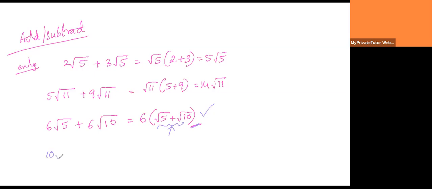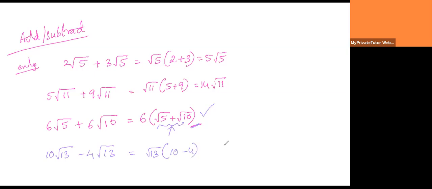So 10 square root 13 plus, or rather minus, 4 square root 13. So what you're going to do here, I think everyone knows that we have a common term, square root 13. So what is 10 minus 4, which is 6.